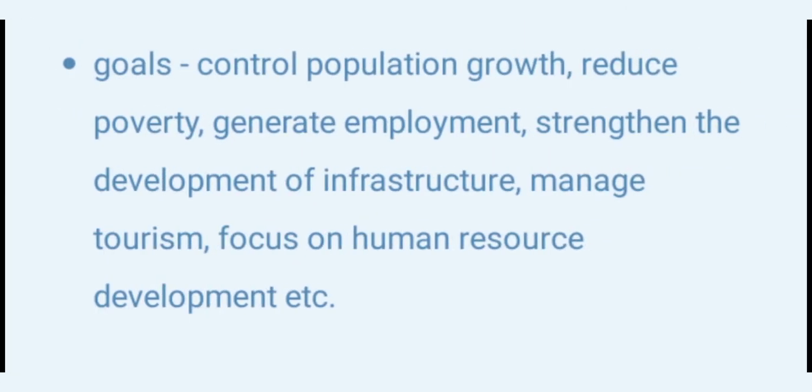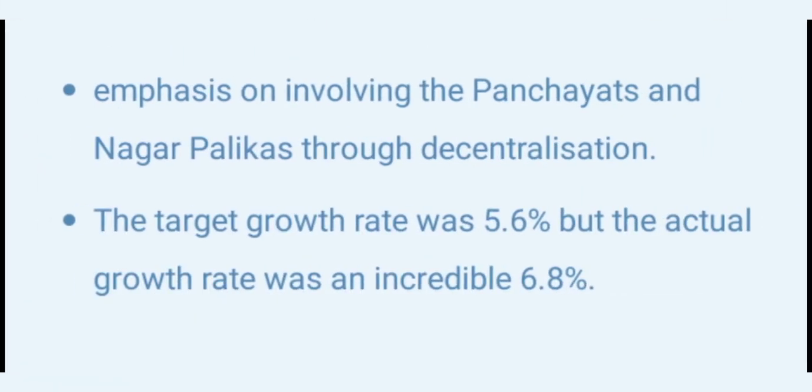Goals were to control population growth, reduce poverty, generate employment, strengthen the development of infrastructure, manage tourism, focus on human resource development, etc. Emphasis on involving the panchayats and nagarpalikas through decentralization. The growth rate was expected to be 5.6, but the actual growth rate was an incredible 6.8.